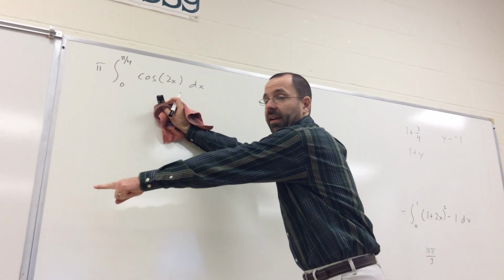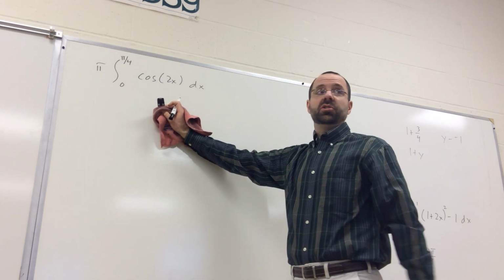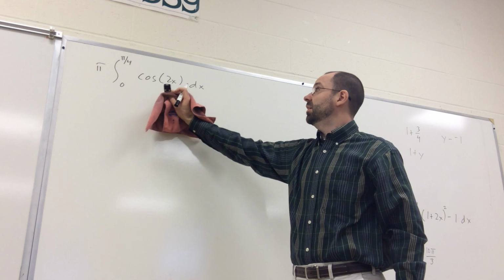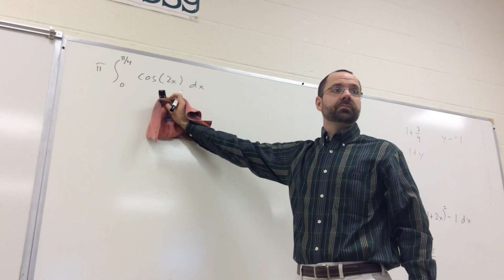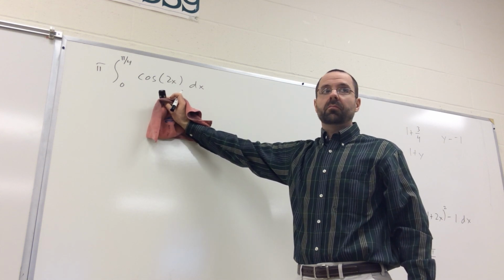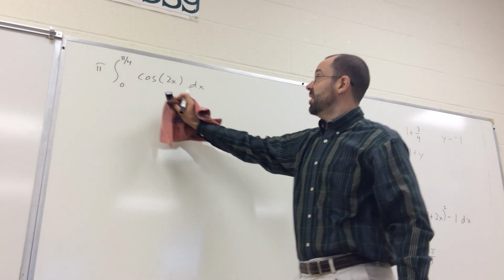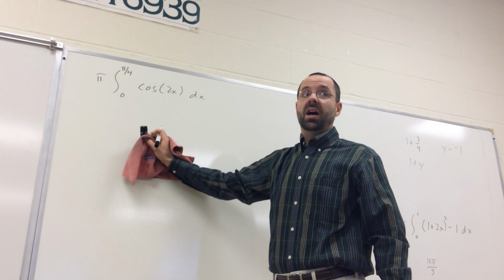So from the step down there to the step up here, I just used the identity that cosine squared minus sine squared is cosine 2x. Okay, then the antiderivative of cosine is sine.